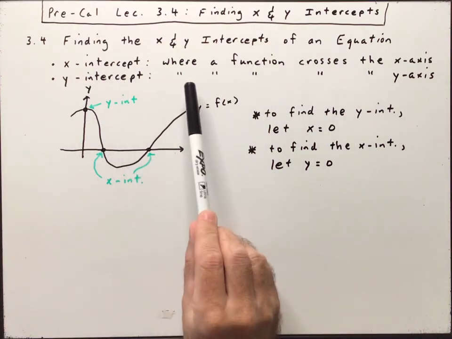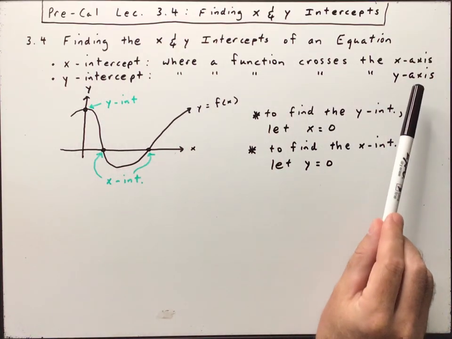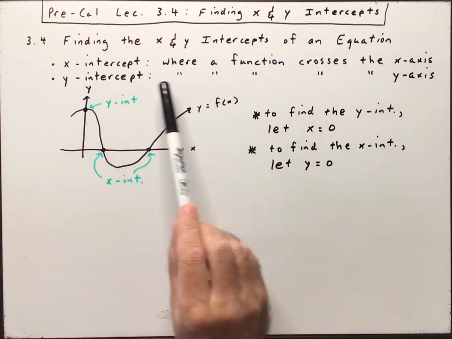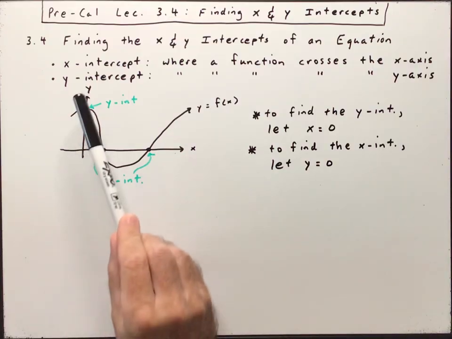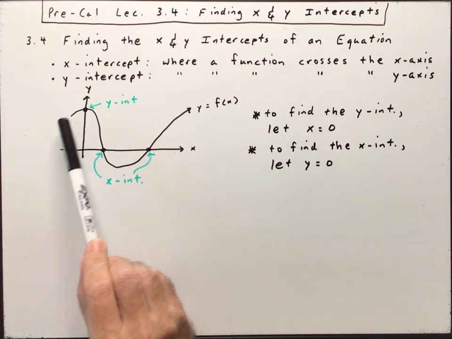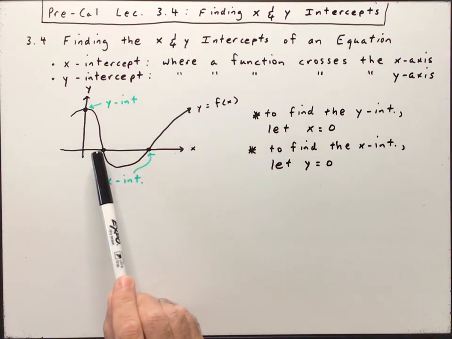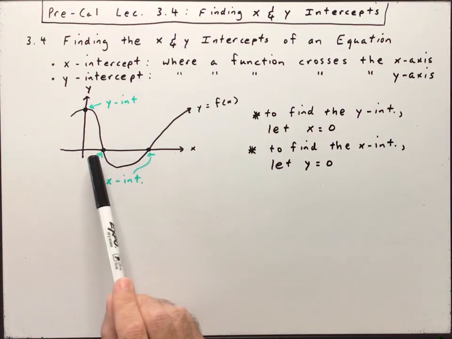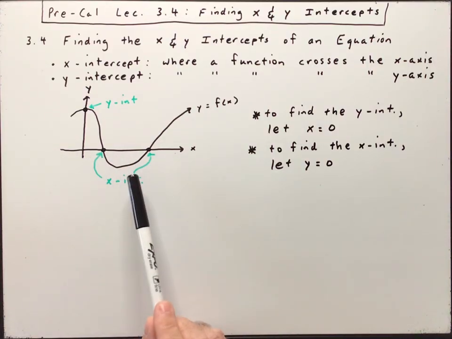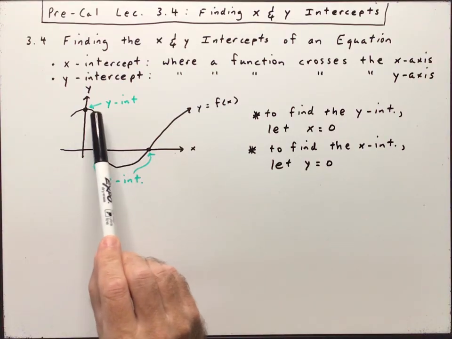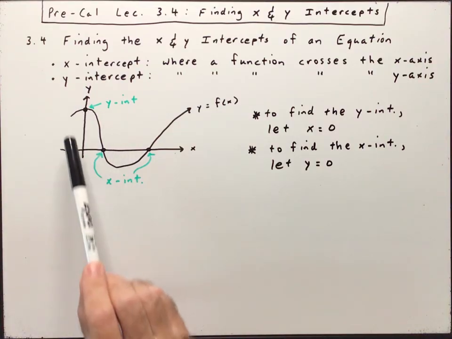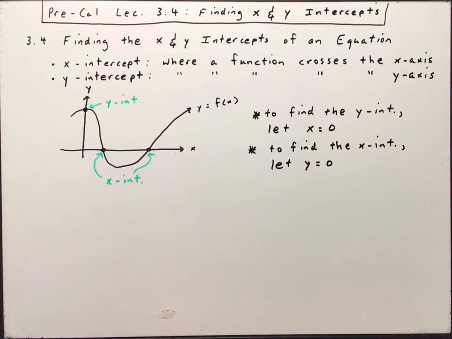So the x-intercept is where a function crosses the x-axis, and the y-intercept is where a function crosses the y-axis. You can see the graph here, just where this nice curve crosses the x-axis. What I drew crosses it in two places. Those are the x-intercepts. And the way I drew it, I crossed the y-axis in one spot, so that's called the y-intercept.